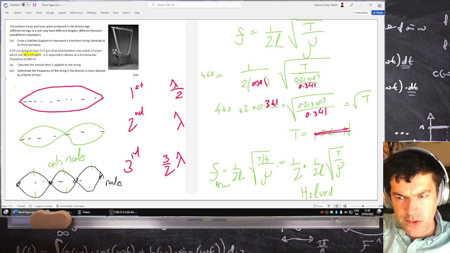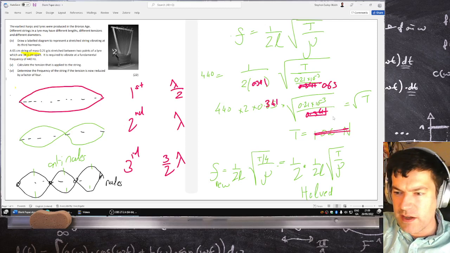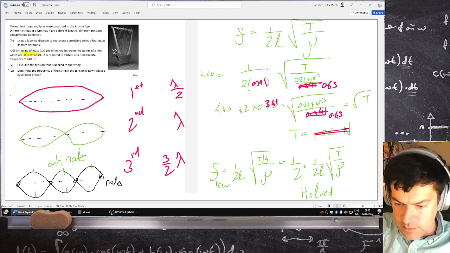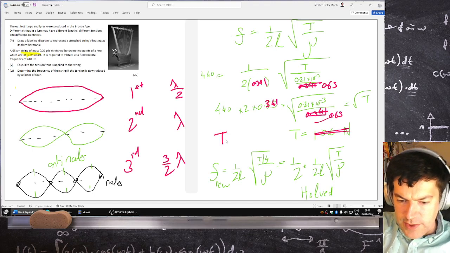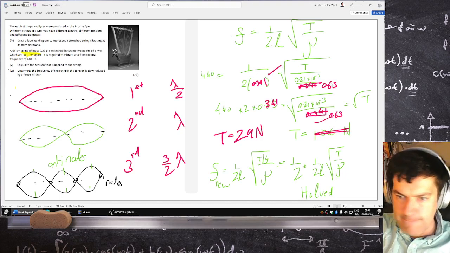But actually, no, that one's not 0.341. That one is still 0.65. And then square the answer. So the tension is 29 newtons. So that length there is the length of the string. We have 34.1 centimeters of string, but that's the mass per length of string. So I still need the 0.65 there.